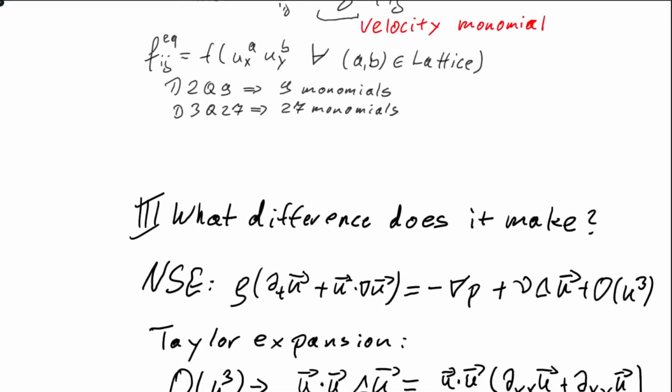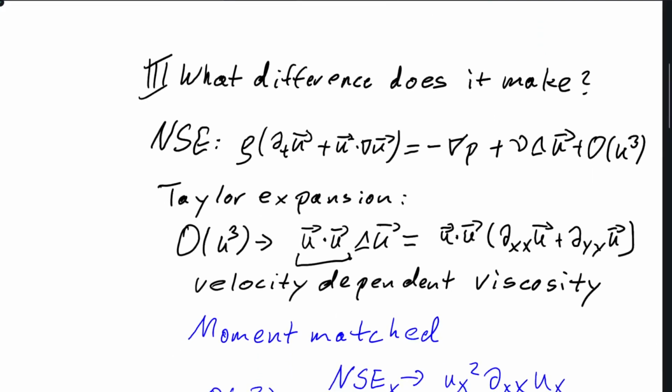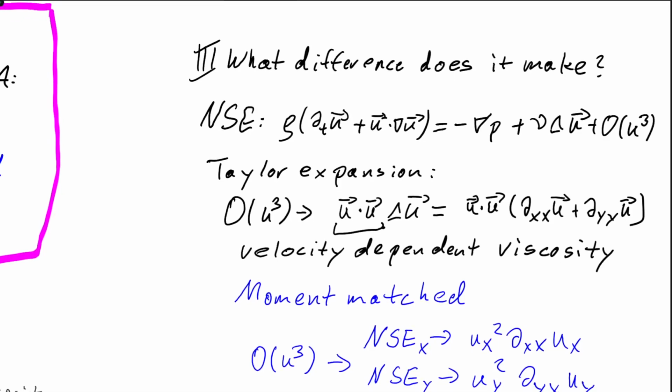Okay, but both of them solve the Navier-Stokes equation, so it's fair to ask what the difference is. Of course the lattice Boltzmann method is an approximative method, and it solves the Navier-Stokes equation only up to an error term, and this error term is an error in velocity, usually a third order term in velocity.